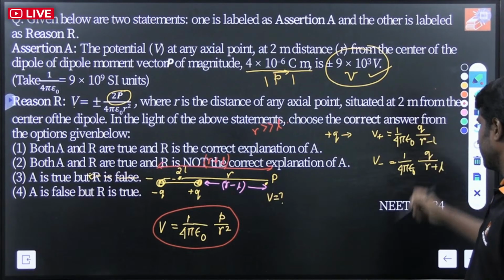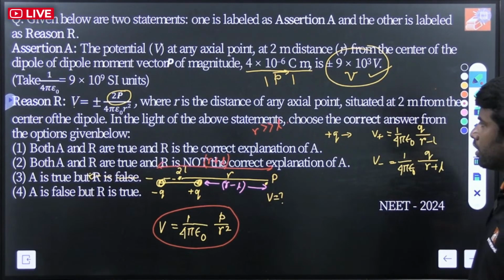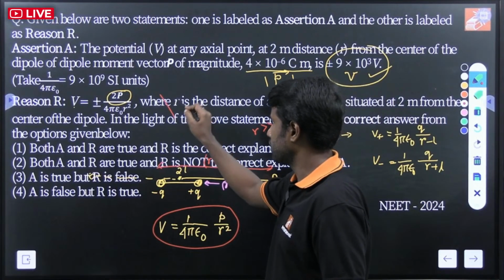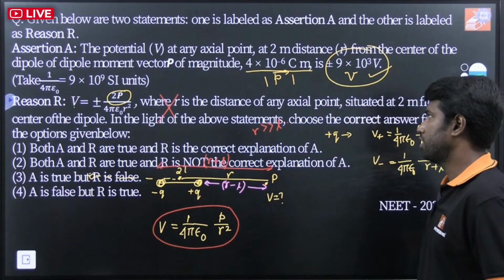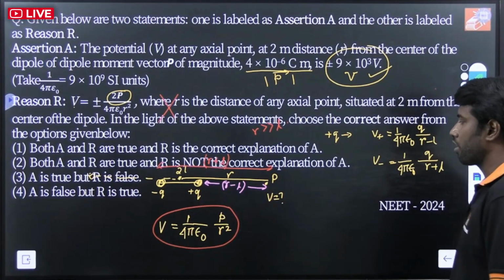By combining, we get the potential. Of course, this reason is incorrect, first we get that, and let's check whether the assertion is correct or not.